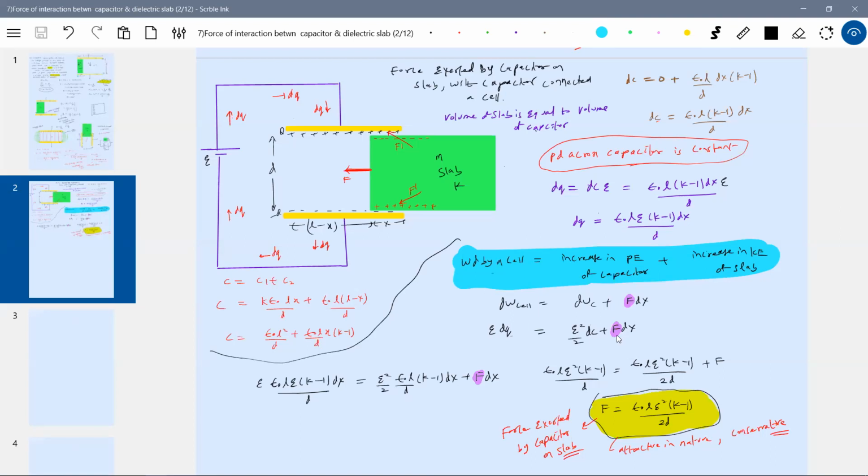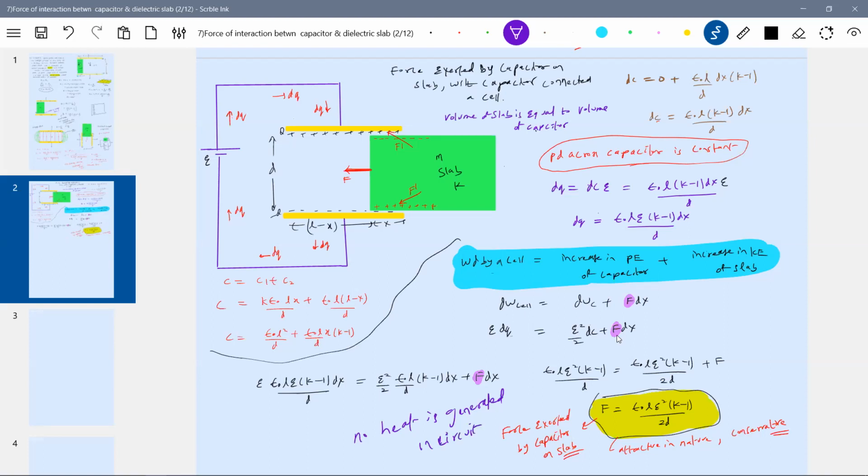Somewhere we have to write it very clearly here: in the entire process, no heat will be generated. I'll write it here. No heat is generated in the circuit.